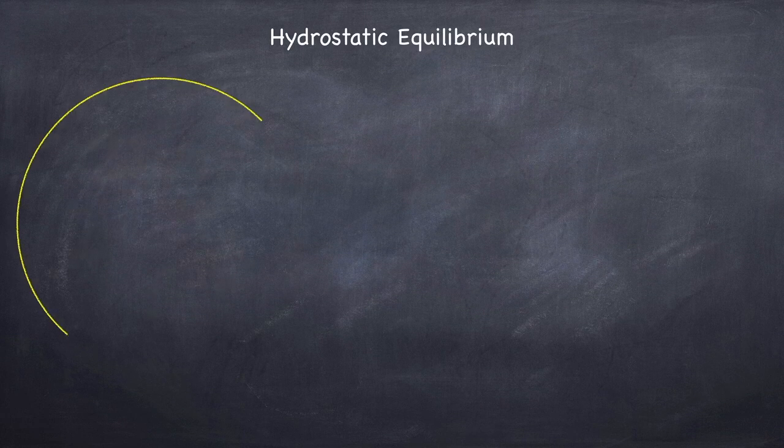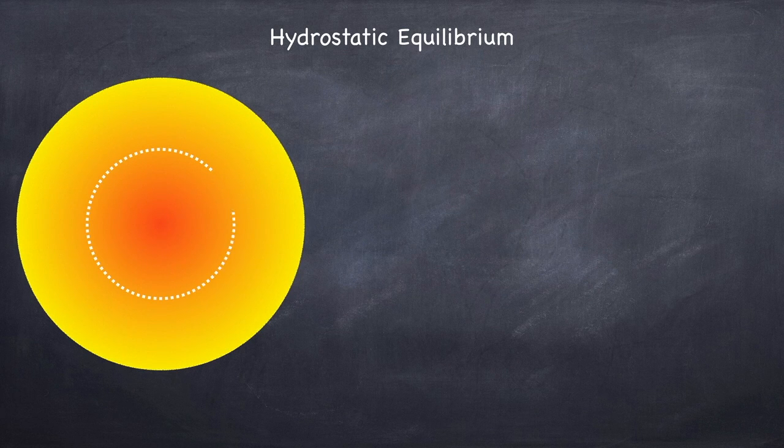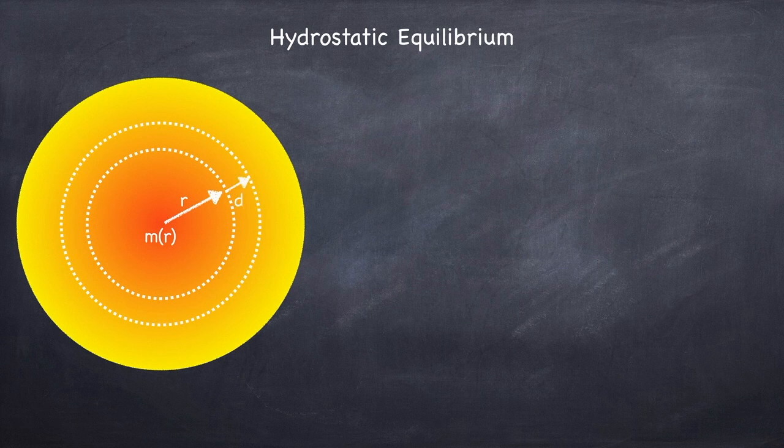If we draw a star, at some radial position inside the star, this will define a sphere that encloses some mass, which I'm going to call m(r). So m, which is a function of r, is the mass enclosed by this sphere of radius r. Now let's say the sphere has a very thin thickness, which I'm going to call dr. So essentially what we have here is a shell of radius r and infinitesimal thickness dr. And the mass of this shell I'm going to call dm.